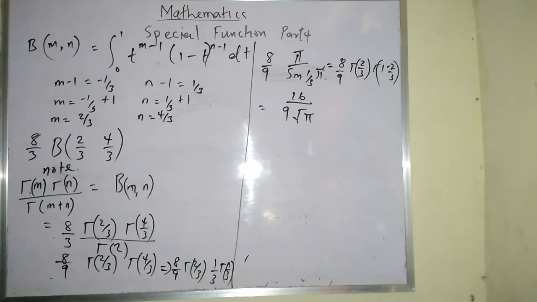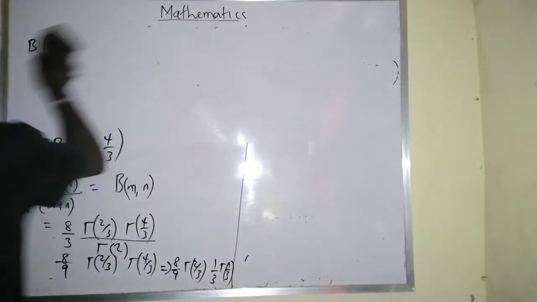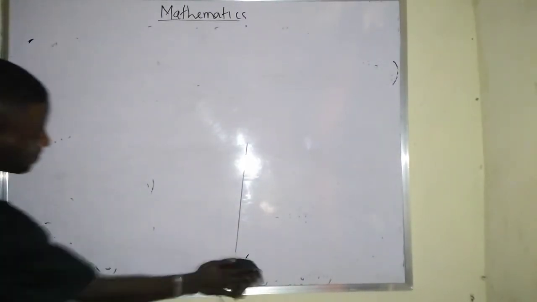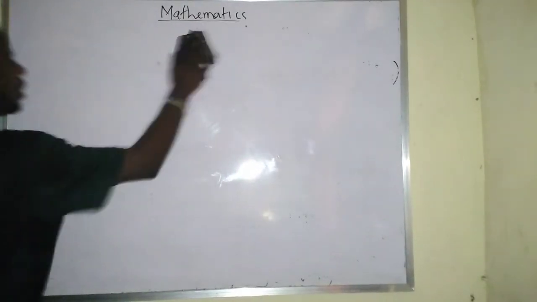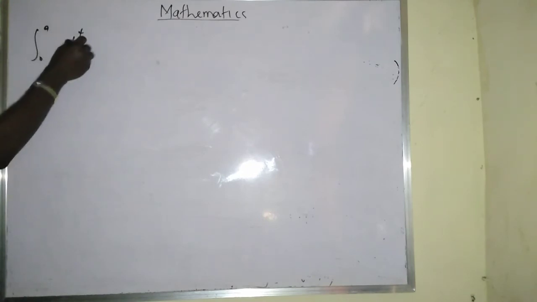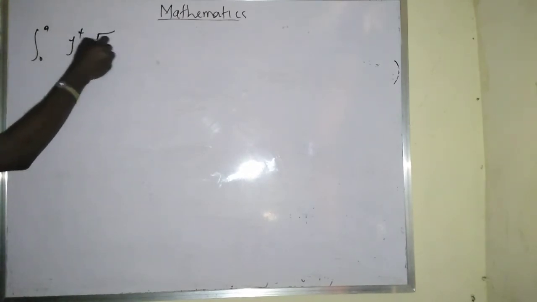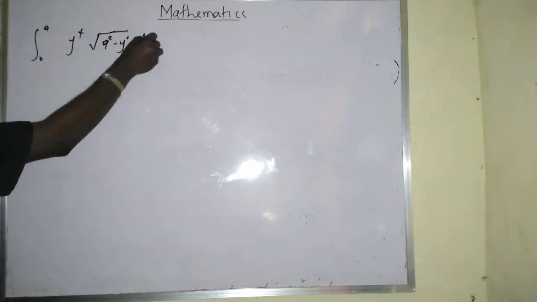The second question states that I have this type of function to work on. It runs from 0 to a, y raised to power 4 and root of a squared minus y squared, dy.